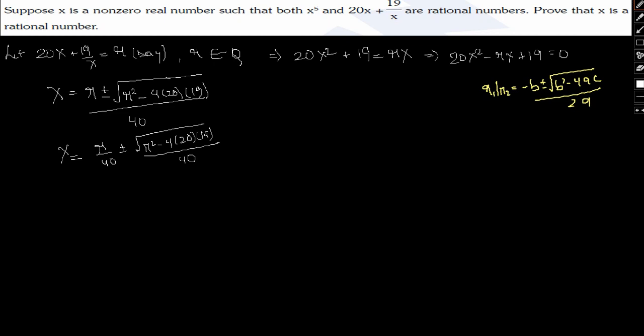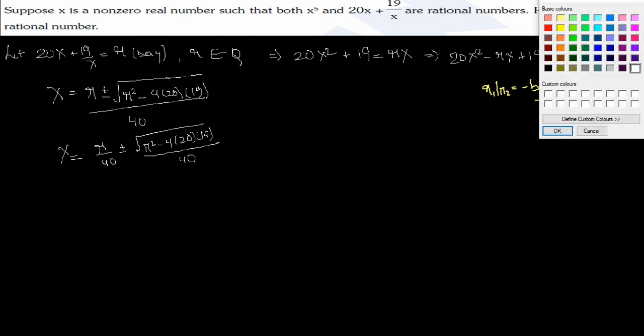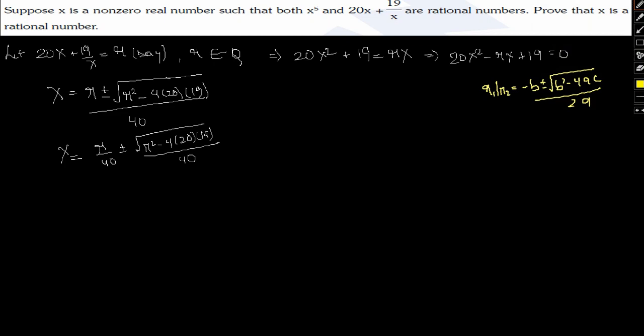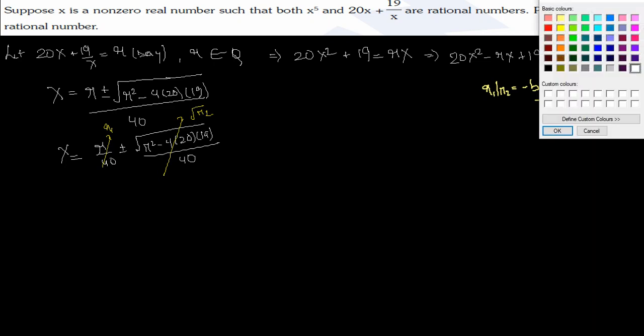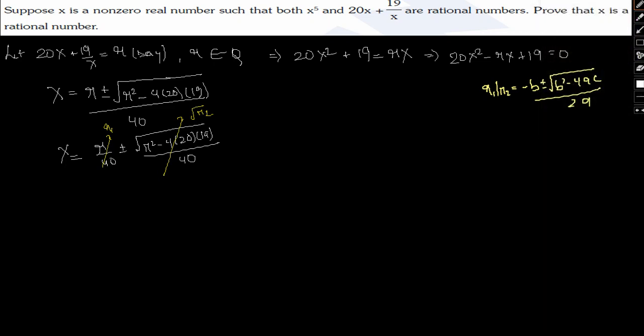Let me assume this first term as r1 and this particular root term as root r2. With that said, we can write x equal to r1 plus minus root r2. Hopefully these things are clear.